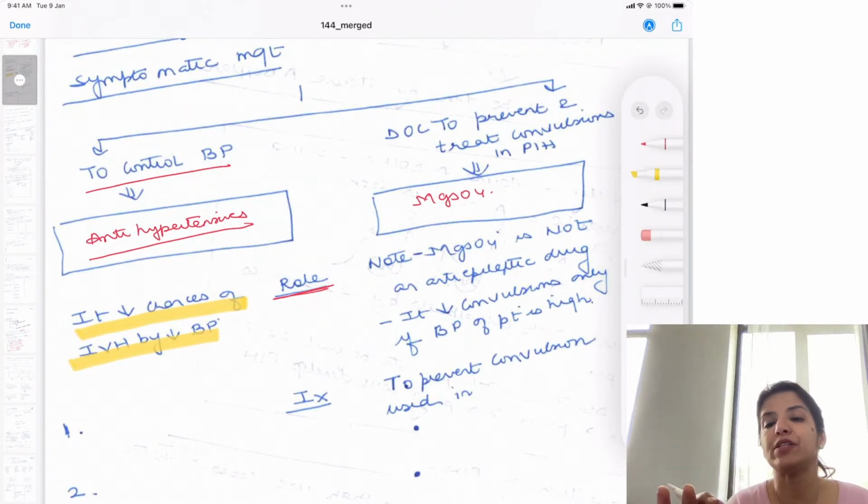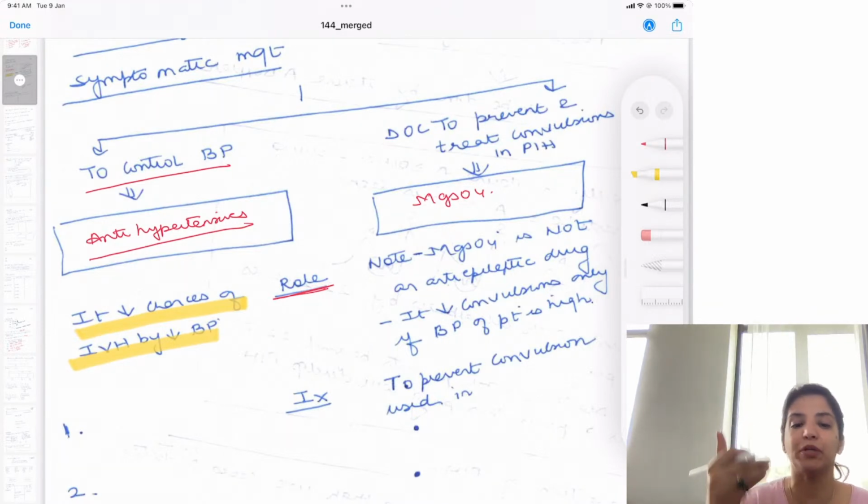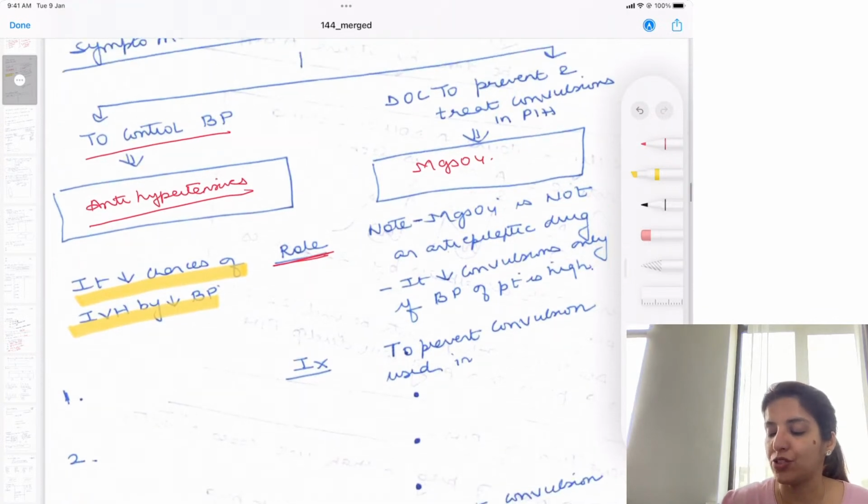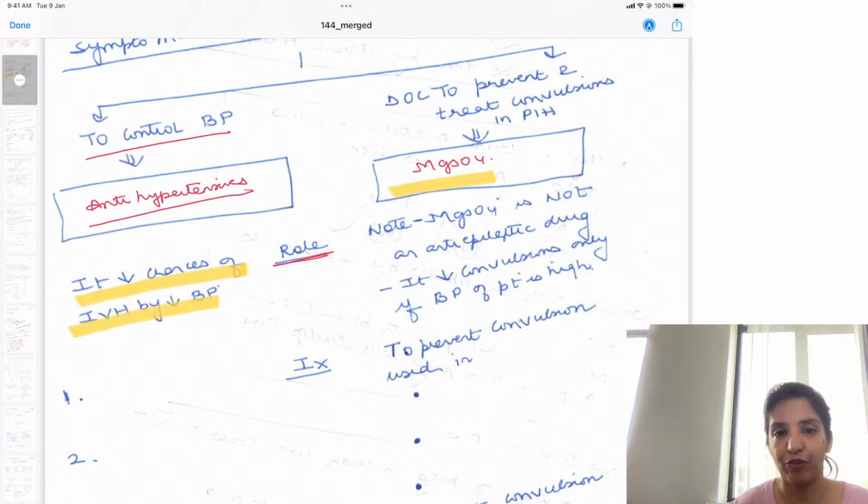Antihypertensives will only decrease the BP, because of which the chances of intraventricular hemorrhage will decrease, right? If I want to prevent or treat convulsions, I need a drug which goes to the brain, acts there, and causes cerebral vasodilatation, right? So the drug of choice to prevent and treat convulsions in PIH is magnesium sulfate.